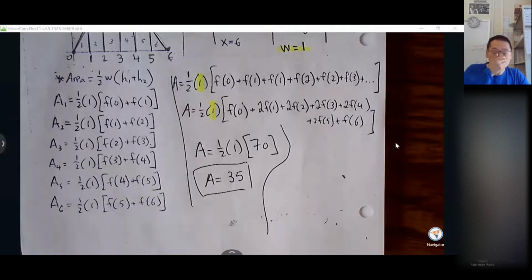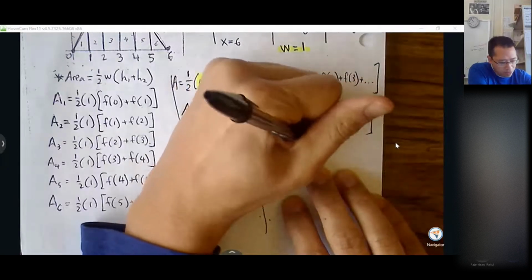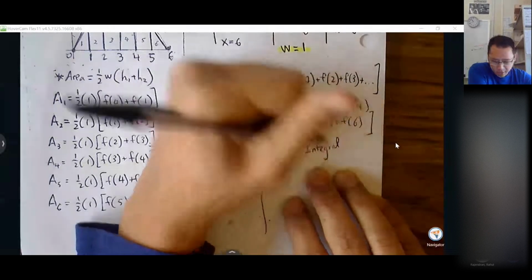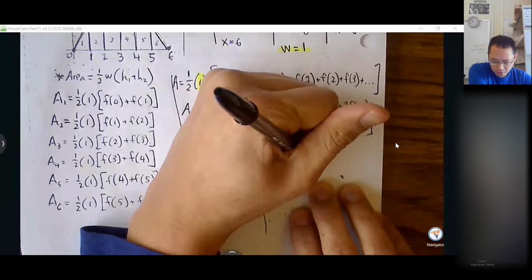I do want to point something out here. When you are trying these problems in the textbook for the homework problems, this is 4.6, and in 4.6 we would have already established what the integral notation is.